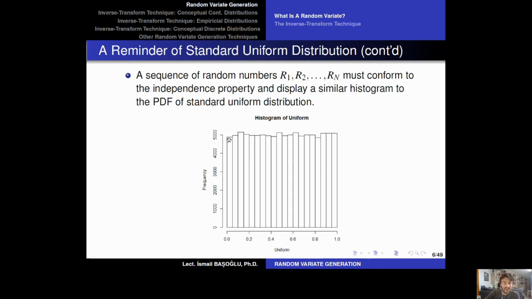This histogram behaves as constant if the observed frequencies are approximately close to each other in each subinterval. Then we say that the sequence conforms to the uniformity property. And as we have said, they must possess the independence property as well.